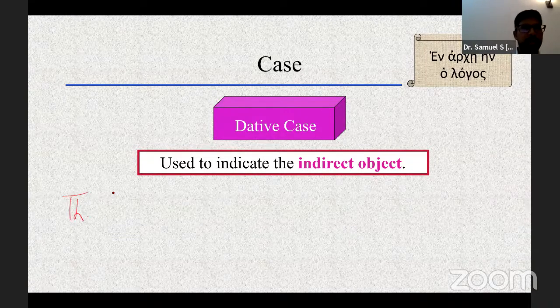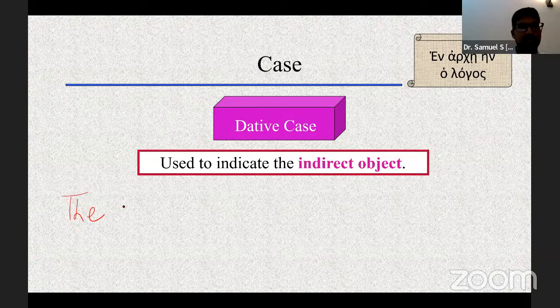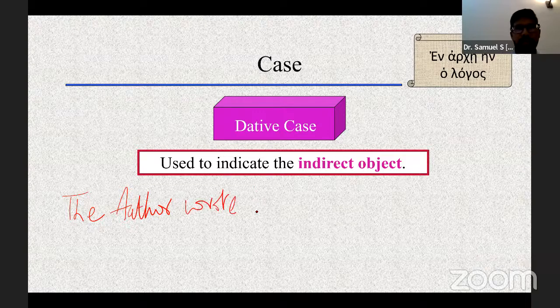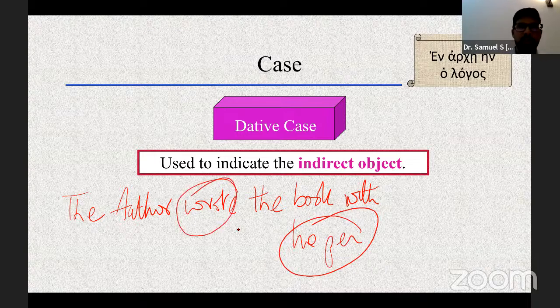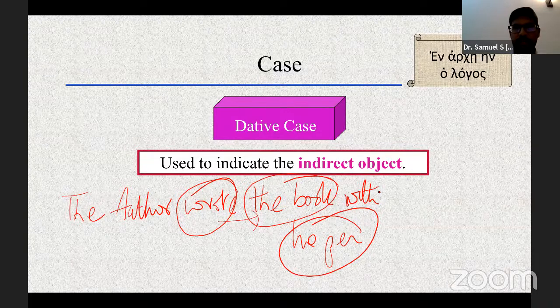Let's say the author wrote the book with his pen. Wrote is the main word. The book is the direct object.